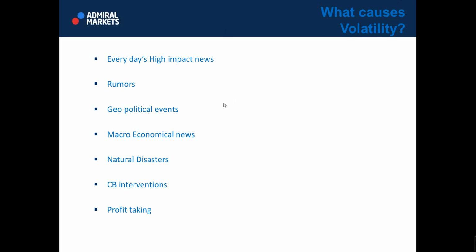Rumors also. You know how they say, buy the fact, sell the rumor. Usually rumors are one of the volatility drivers. If there is a rumor today, before FOMC, we could even see high volatility prior to FOMC. So a single telltale can move a market by a bit.